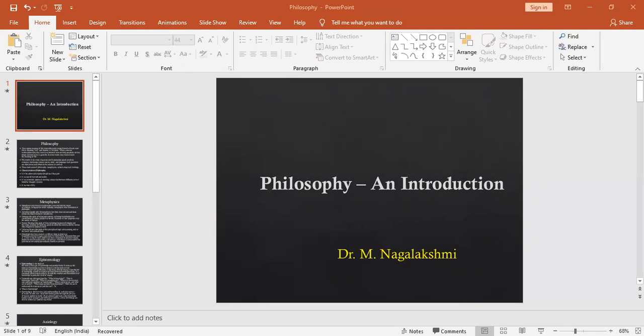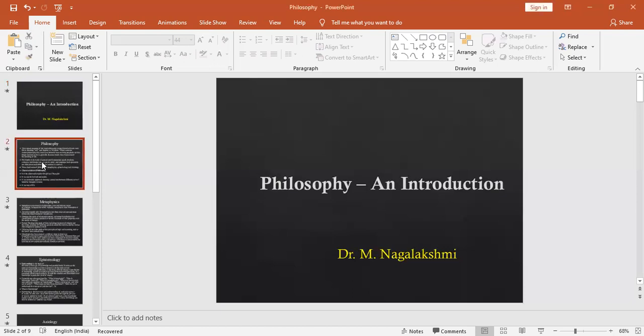If we want to understand what phenomenology is, it is very essential to understand the basic terms of philosophy. To understand that, we need to understand what philosophy is, and the three branches of philosophy. We have to at least understand the overview and definitions of those terms. Okay, so let's start.